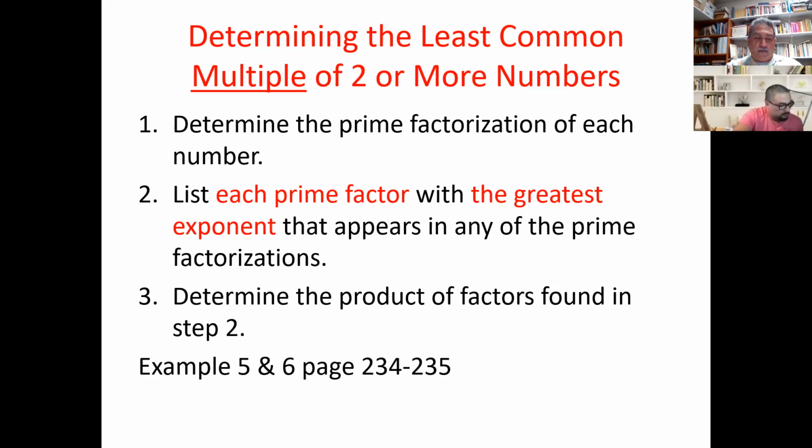There is a 2 in both of them, but we choose 2 to the power of 4. We go with the largest exponent. There's a 3 in both of them, but we choose 3 to the power of 2. When we multiply, on page 235 you have the answer. The product is 3600. That's the least common multiple of 144 and 300, meaning if you divide 3600 by 300 or by 144, you will have no remainder.